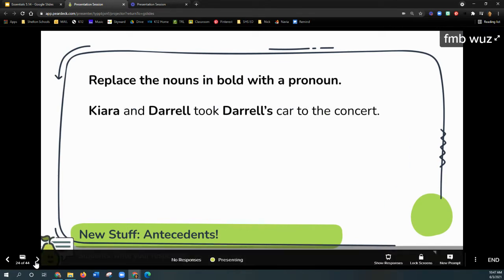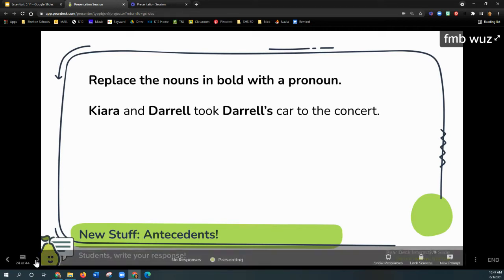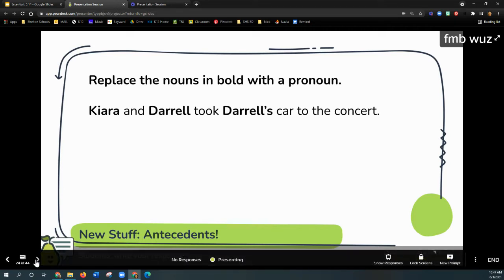Let's try one more. Kiara and Daryl took Daryl's car to the concert. So can we replace Daryl here? Or you could even replace Kiara and Daryl. So let's pretend we were already talking about them and you know who these people are.